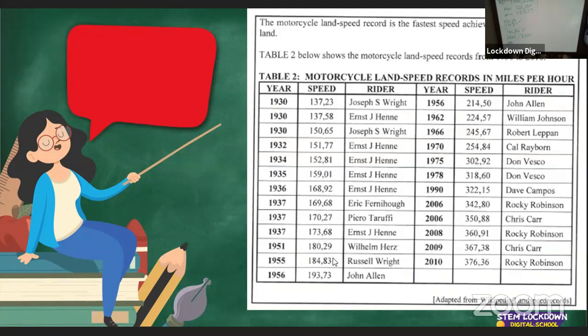Okay. 2014. 2024. 245. Again, what do I put? We have 302. 18.6. Okay.